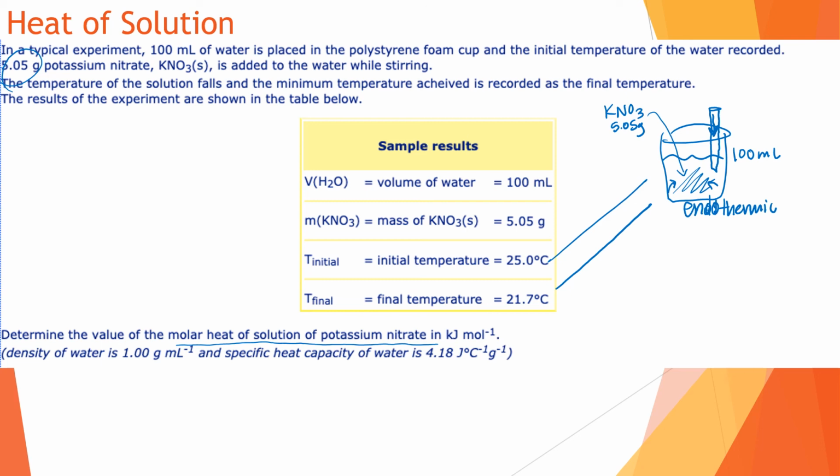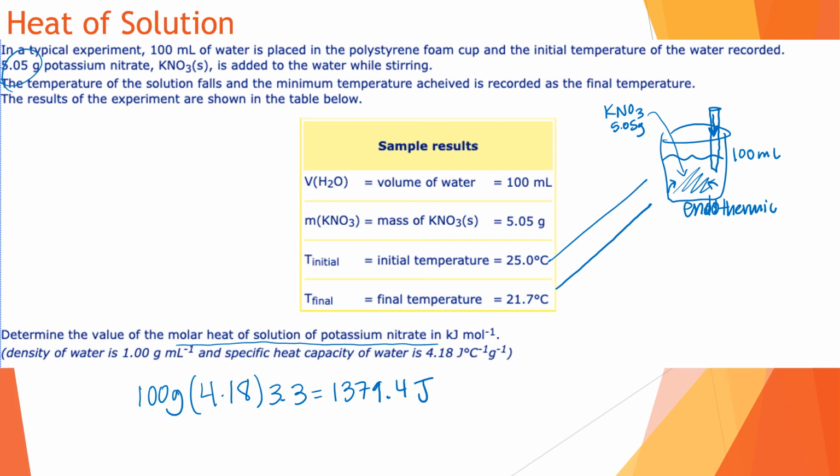I know my water was 100 milliliters, which is 100 grams, times the specific heat of 4.18, and the temperature changed by 3.3 degrees. I'm using that to calculate how much heat was absorbed by the water, and that equals 1379.4 joules. That's how much heat was lost by the water, and it's also how much heat the solution process absorbed.